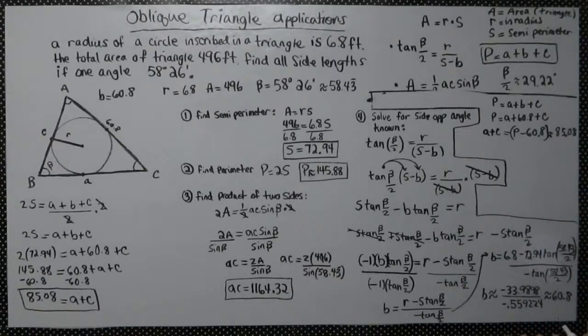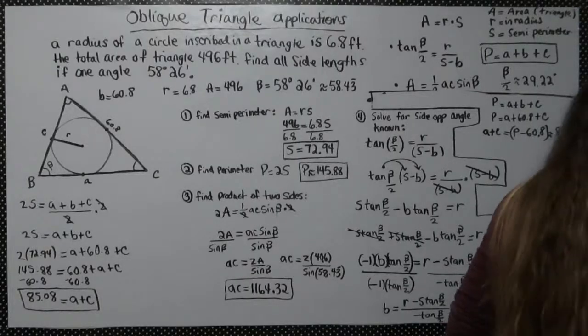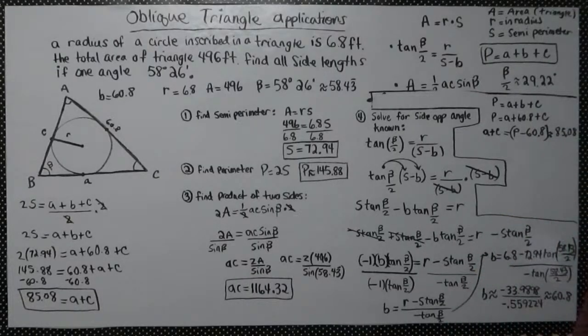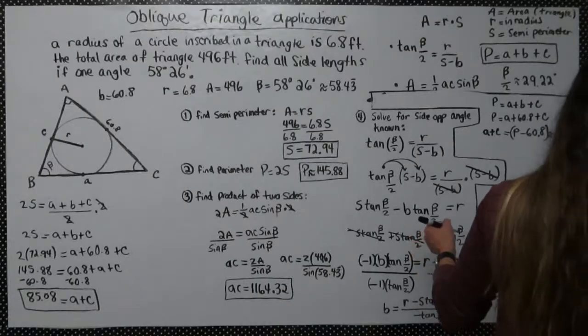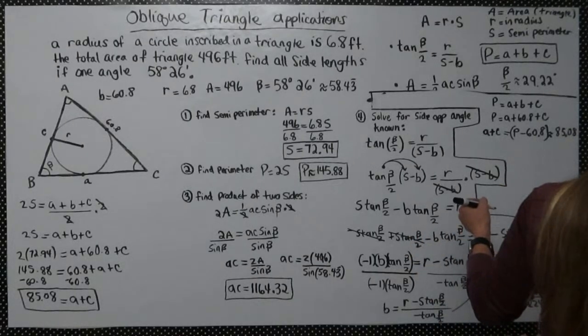So A plus C is equal to P minus B. And I have AB. So I'm going to have to use that ugly quadratic they gave me. See how this works out.